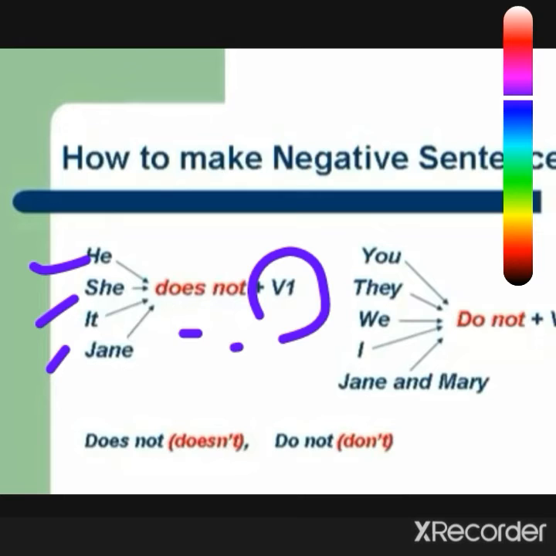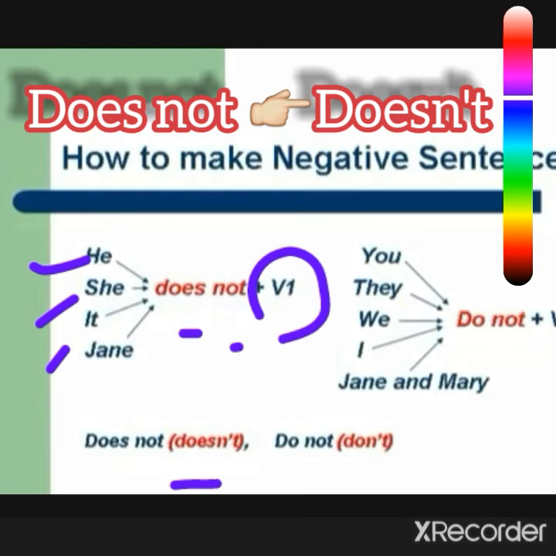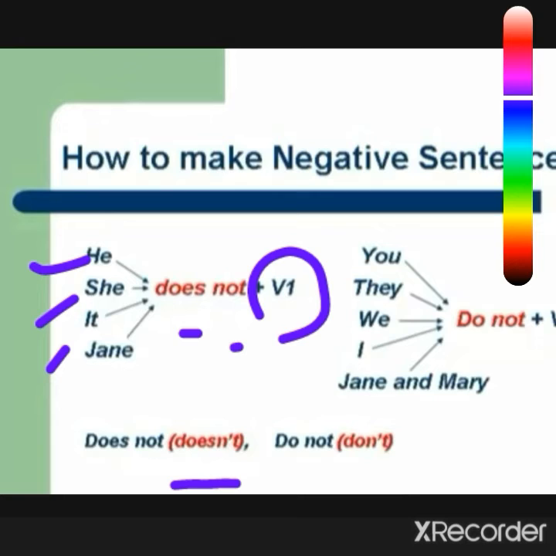Because the same structure is here which was of present tense, but this time we add does and not in the structure. Okay, you can use contraction of does not as doesn't, and of do not as don't.